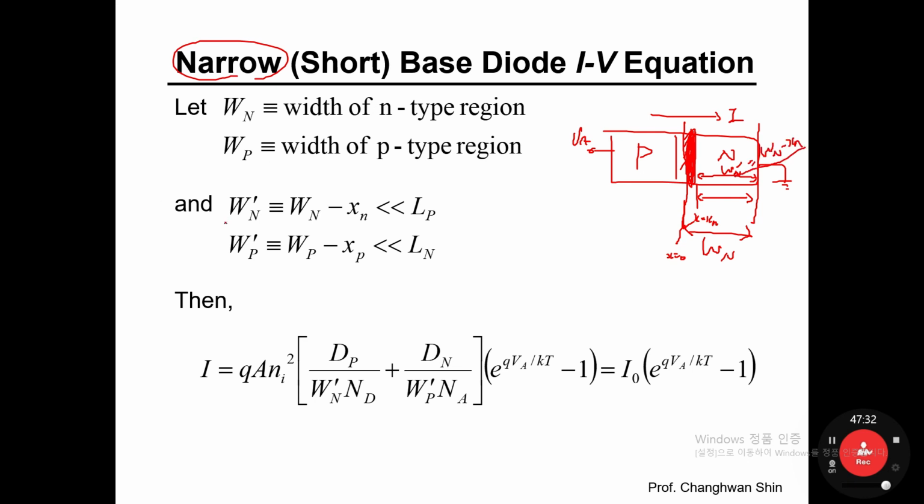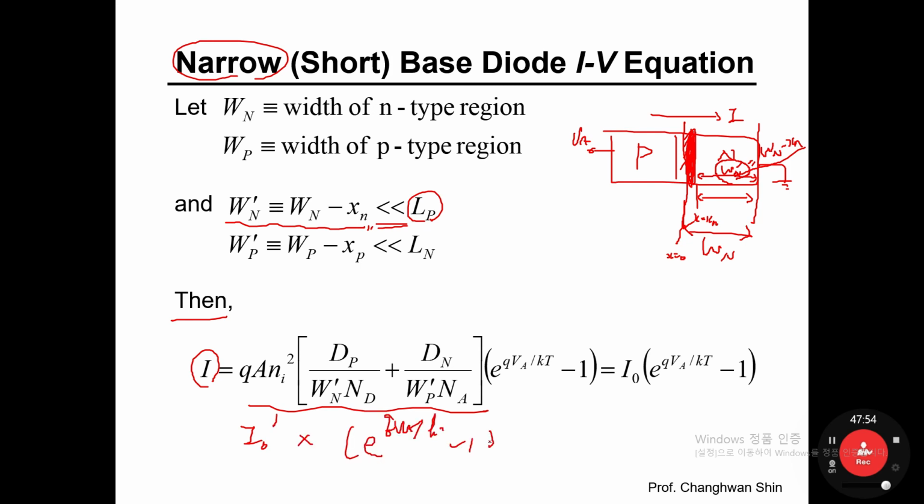What if this Wn prime is much shorter than the diffusion length? Then we write down the current as I naught prime times exponential QVA over KT minus 1, as we have done in ideal diode analysis.